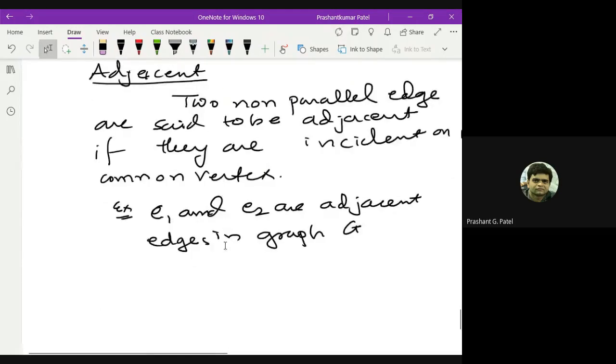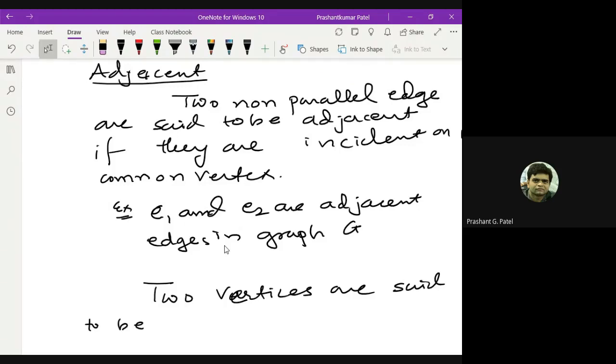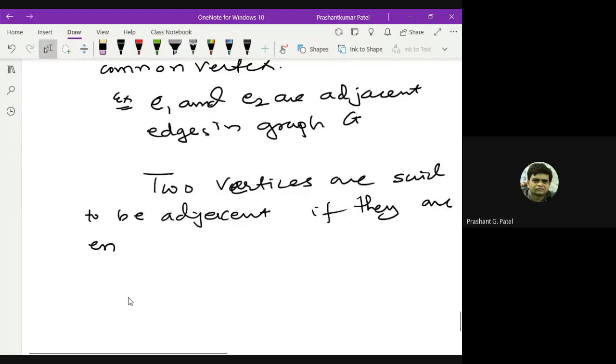In the same way, we have the definition of adjacent vertices. Two vertices are said to be adjacent if they are end vertices of the same edge.